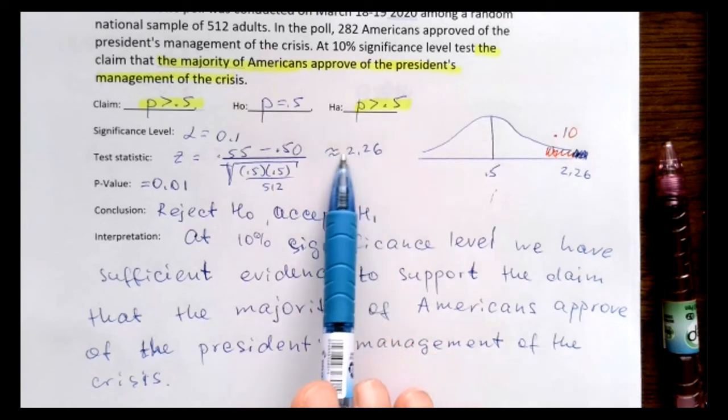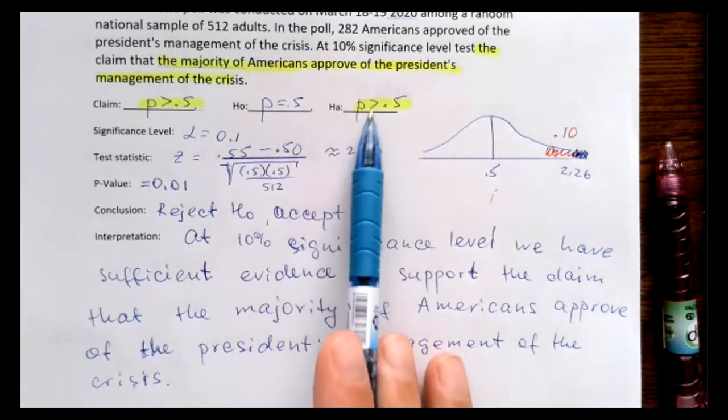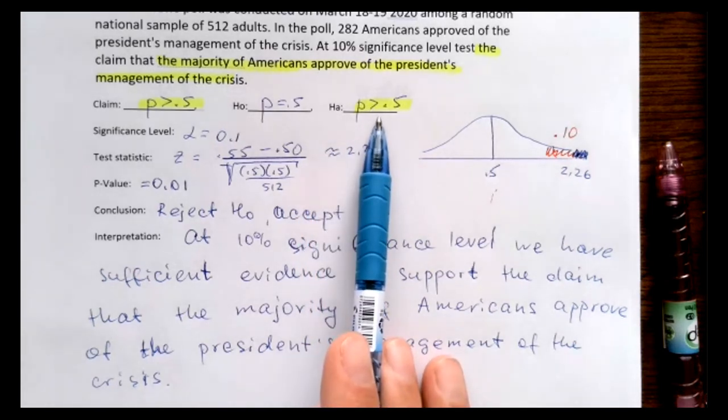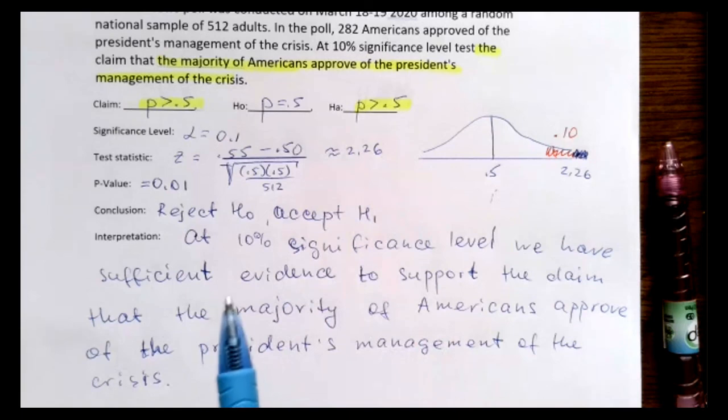So we have basically a constellation of things that support our alternative hypothesis. It has to be an unusual value, and it has to be an unusual value on the correct side. In this case, it's the right tail test.